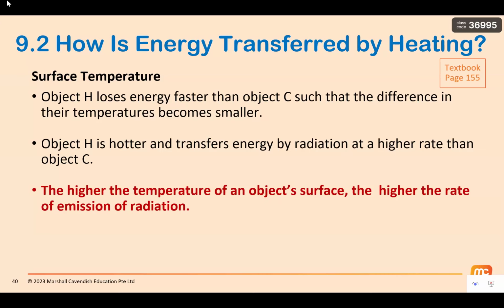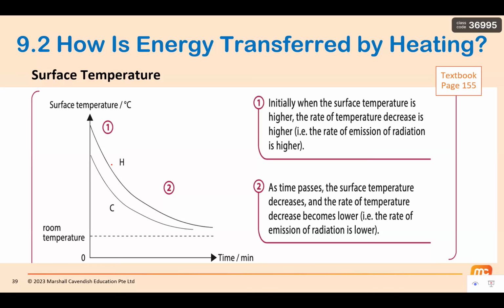Another case is you can see over here, I have object H, which is initially of a higher surface temperature than object C. Object C has a lower surface temperature. As object H has a higher surface temperature, it has a larger difference between the surface temperature and the surrounding.